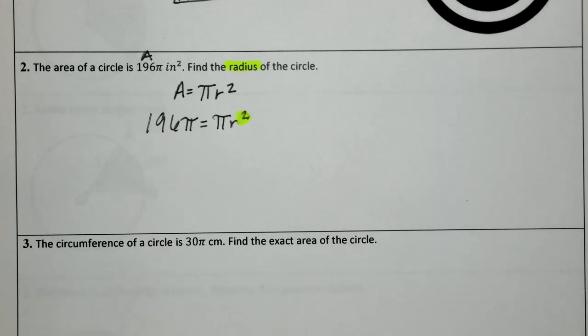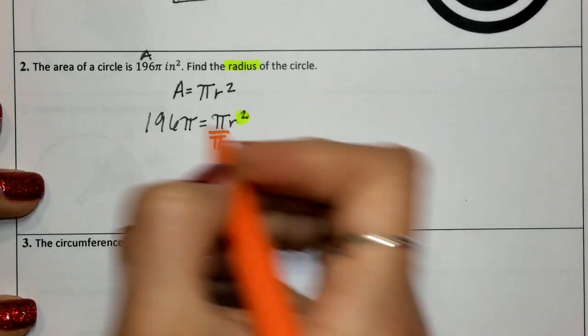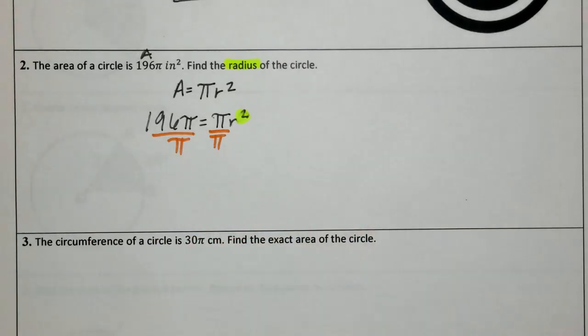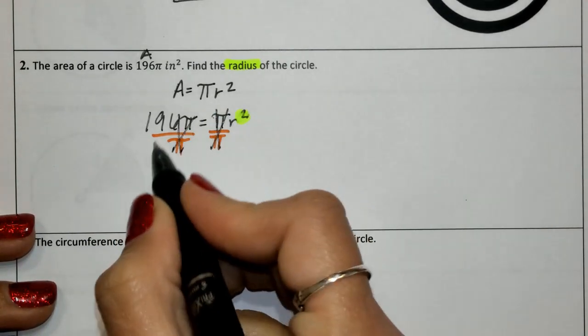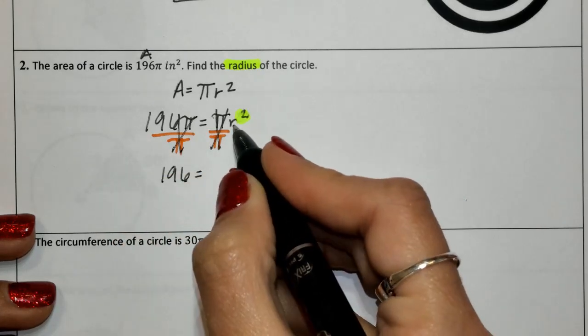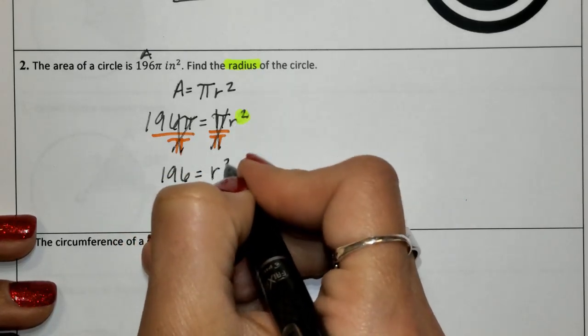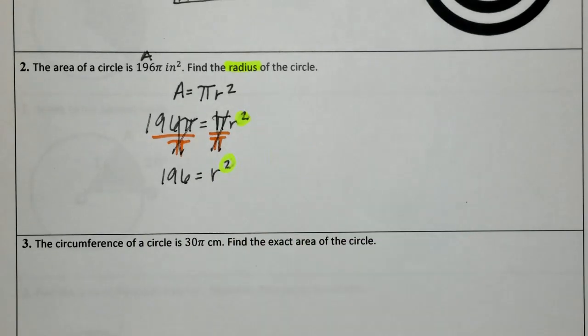What we're going to do to get r by itself first is get rid of pi over here. So we're going to divide, since it's pi times radius squared, we're going to divide both sides by pi. So it's going to end up canceling on both sides. So over here on the left, we have 196. On the right, all we have is radius squared. Bring the exponent down.